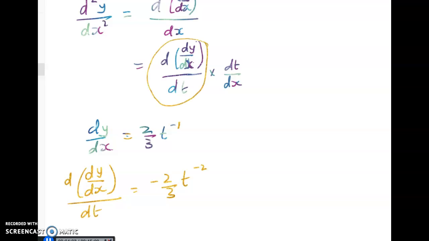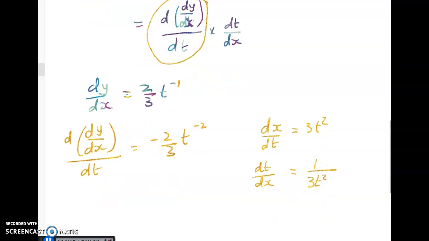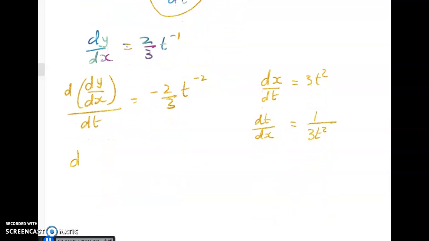So that's that bit done. And now we need to find dt by dx. So we had dx by dt, that was equal to 3t squared. So dt by dx is equal to the reciprocal of that. It's 1 over 3t squared. So putting all that together, d squared y by dx squared is equal to negative 2/3 t to the negative 2 times 1 over 3t squared.